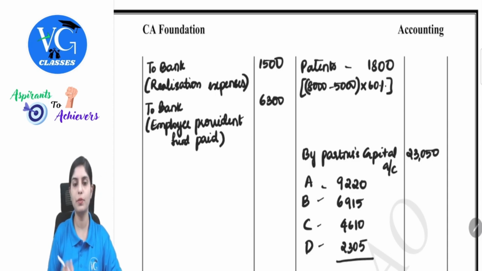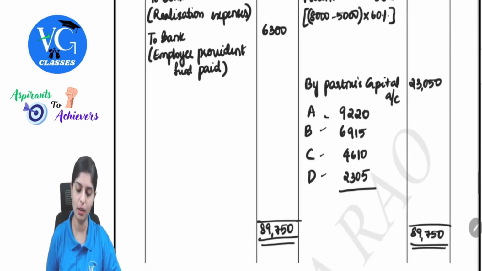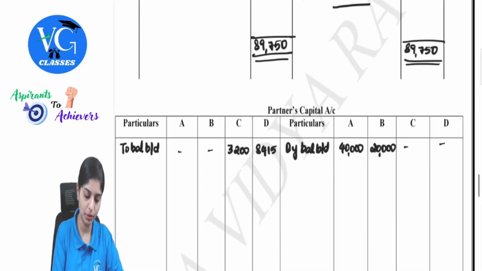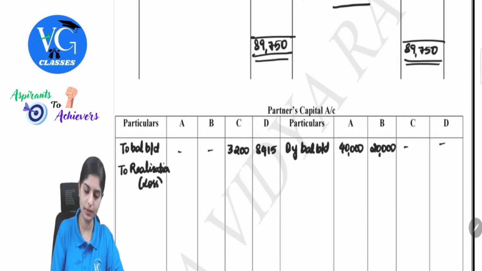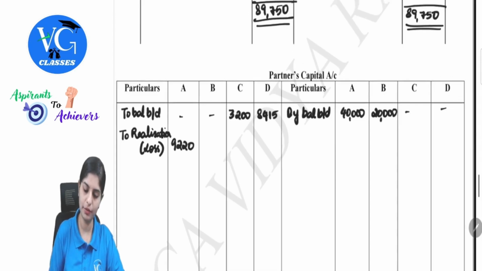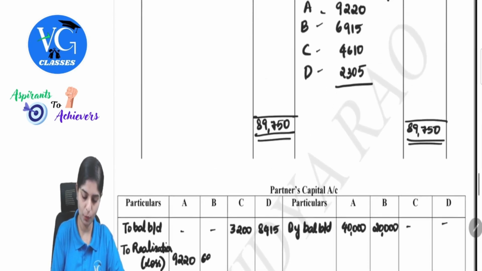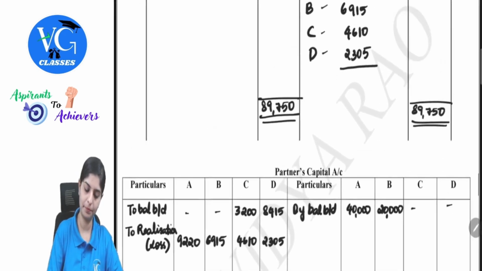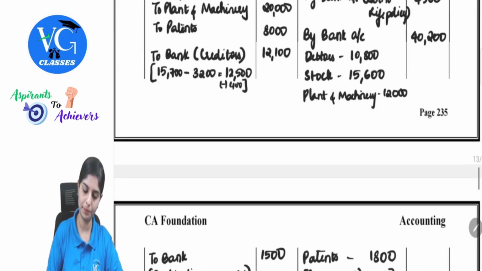So this will be transferred to partners capital account. To realization, this is loss: 9,220, 6,915, 4,610, 2,305. So this is done.